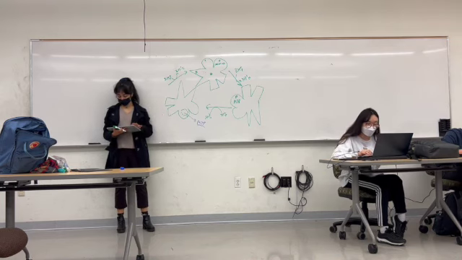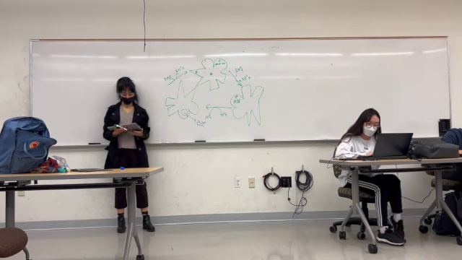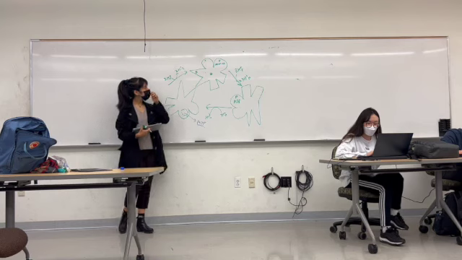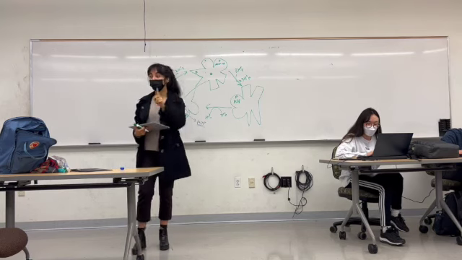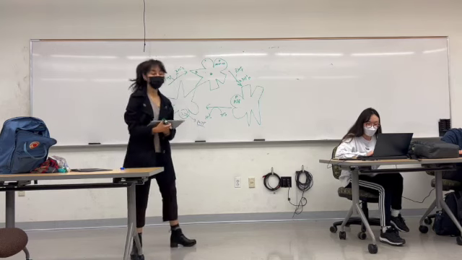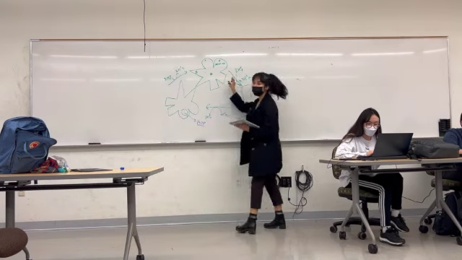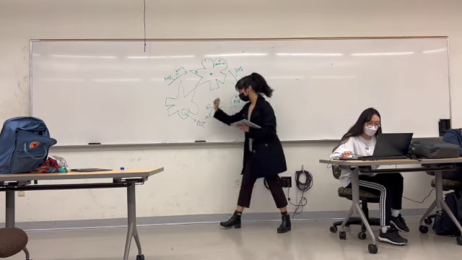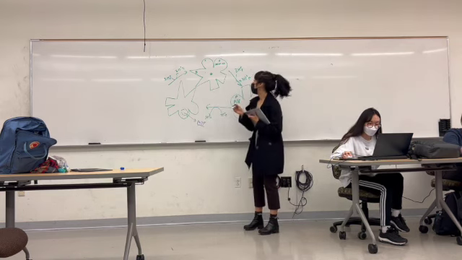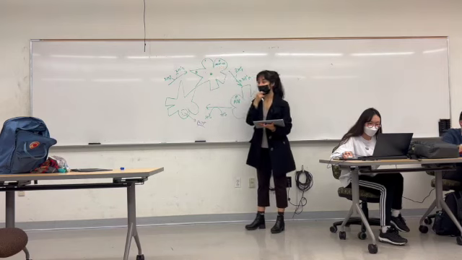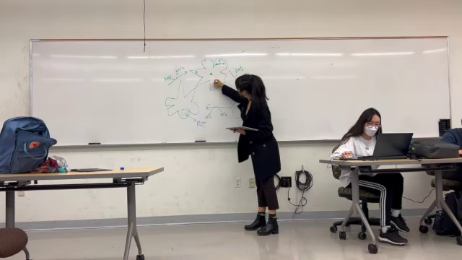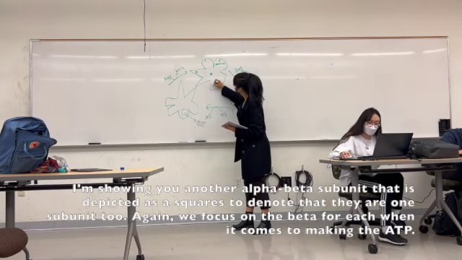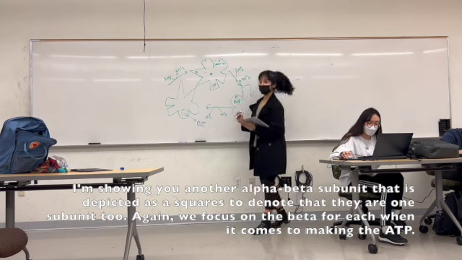So let me ask you one question. I'm showing you in this image only one ATP. You have to understand, though, that all of these things are in different spots. So, give you an example. If this right now is an ADP PI, then maybe this subunit right here has ATP in it, right?